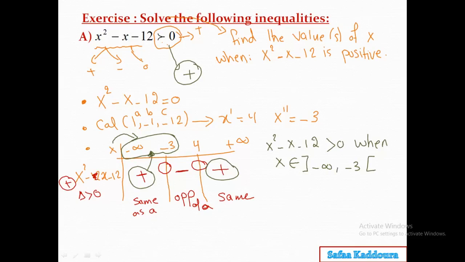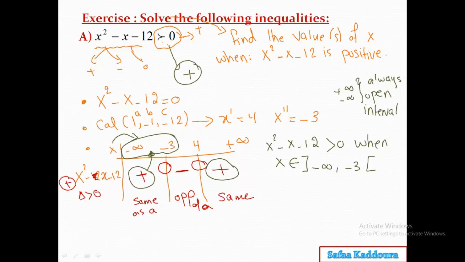In all cases, at minus infinity and plus infinity, we will always have an open interval. So look, open interval. At minus 3, I put an open interval because at minus 3 I have 0.